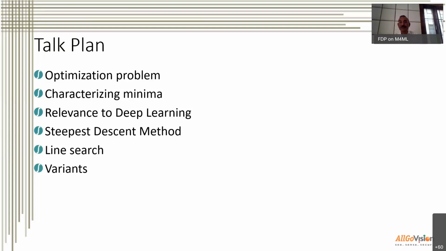And after that, we'll talk about something done in steepest descent or any optimization method, called line search, why we do it, and what the different variants of this optimization technique are. So that's generally the plan of the talk.